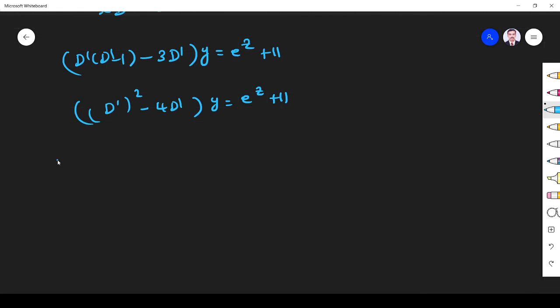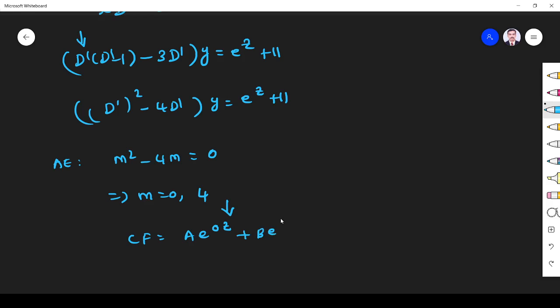The auxiliary equation is m squared minus 4m is equal to 0. This gives m is equal to 0 or 4. So CF is a e power 0z plus b e power 4z. Since we are working with d dash, everything should be in z.